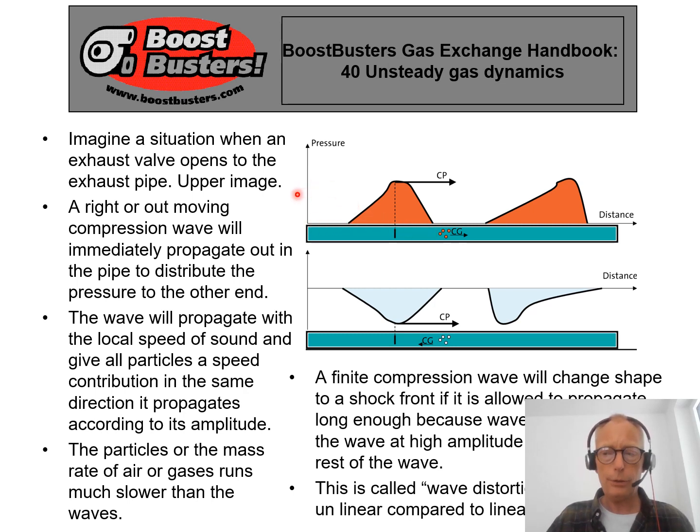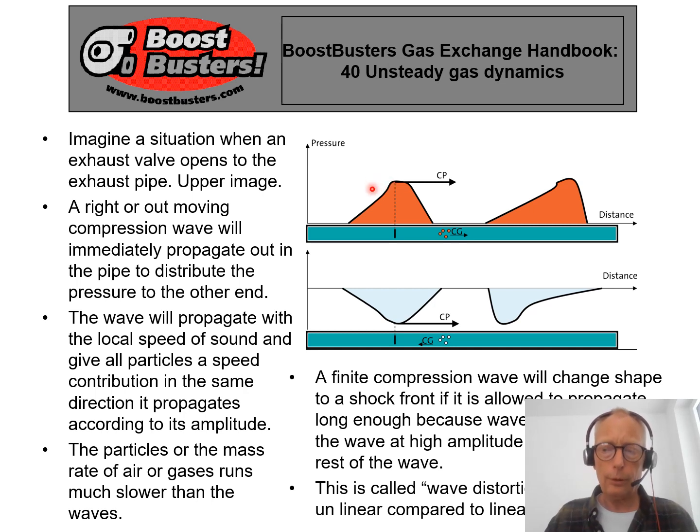So the high pressure signal from the cylinder will propagate out in the pipe as a compression wave. The wave itself will have a propagation speed named Cp, and the propagation speed will be the local speed of sound.